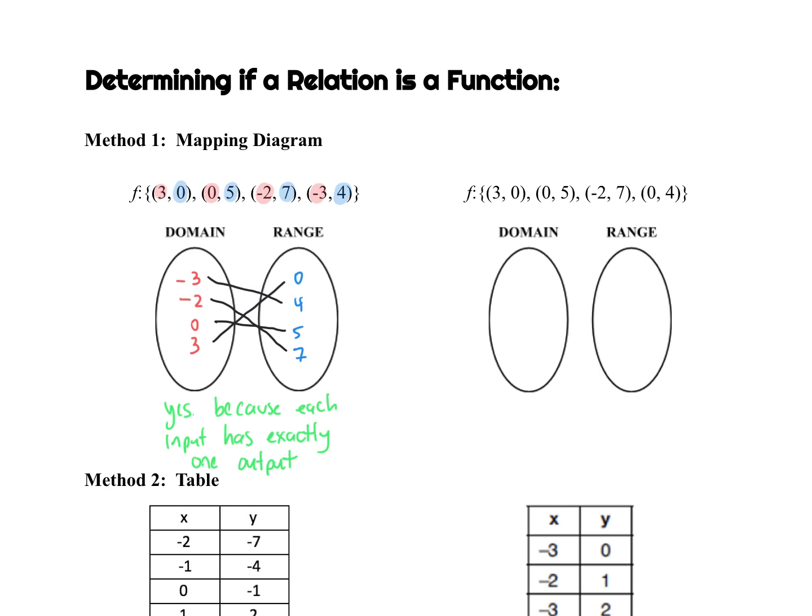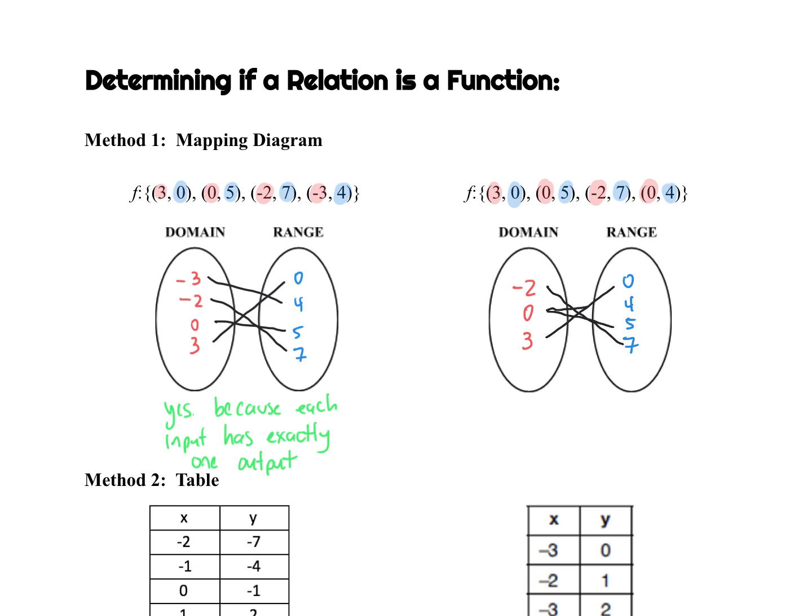Now let's contrast that with this one over here. So again, let's put our domain values. So I've got 3, 0, -2, and 0. If you have repeats, you don't list them twice. You do not repeat values. So the 0 only gets written one time. Outputs are 0, 4, 5, and 7. And then let's map. 3 goes with 0. 0 goes with 5. -2 goes with 7.